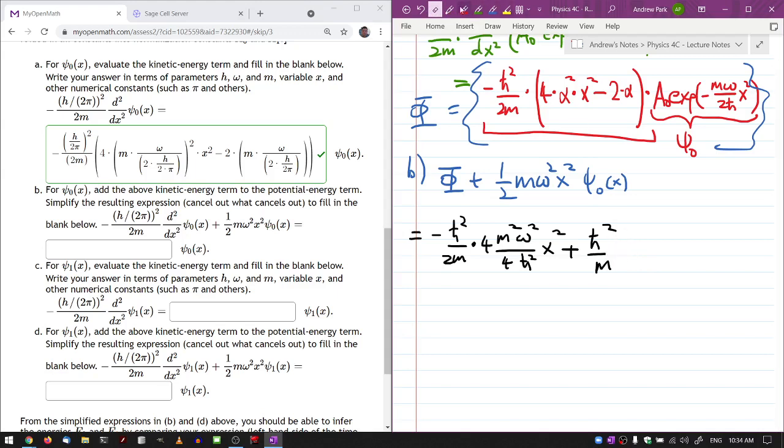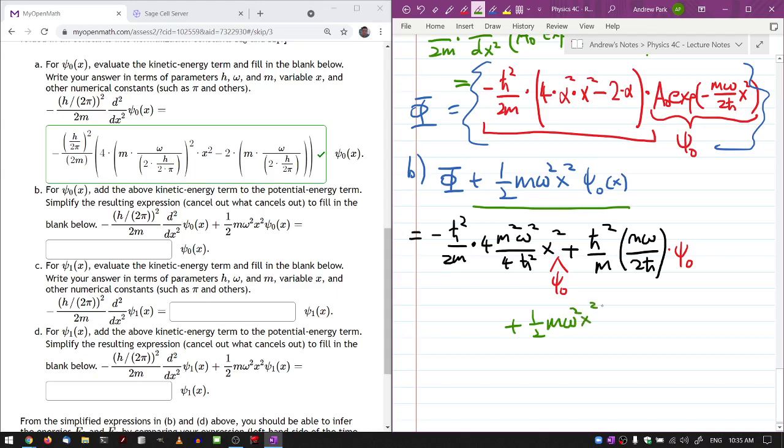Alpha is m omega over 2 h bar. And I almost forgot, both of these have the psi naught multiplied into them. So this is what we had from part A. Let me add the part from part B, which is the potential energy term: plus 1 half m omega squared x squared psi naught of x.